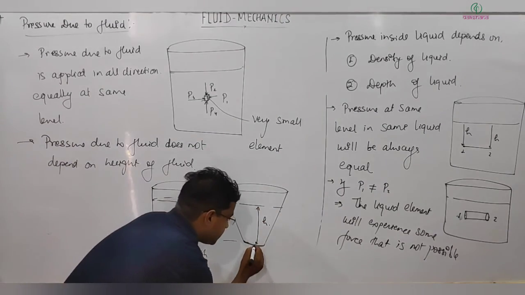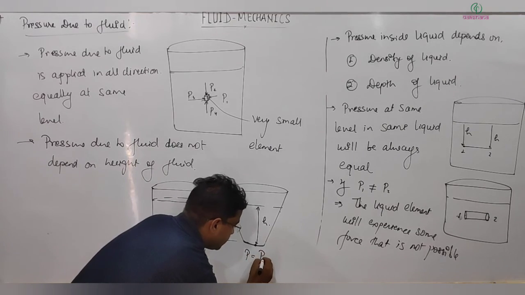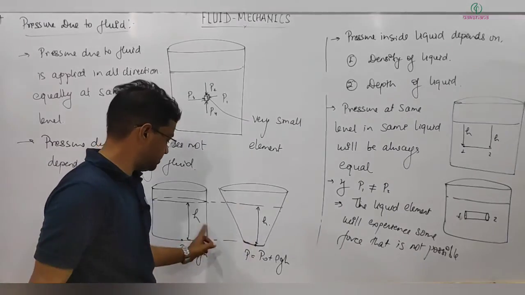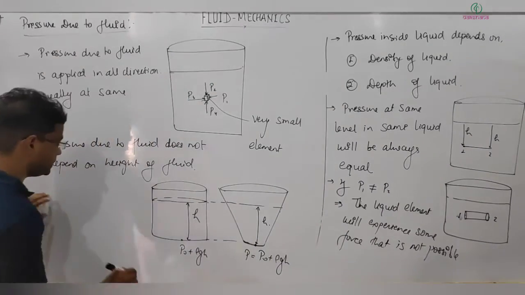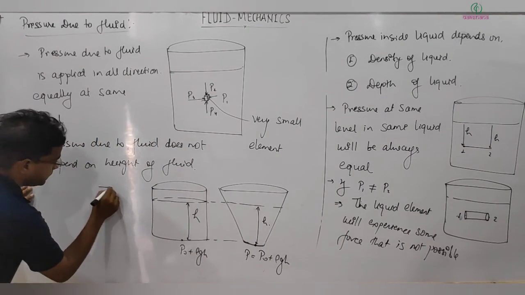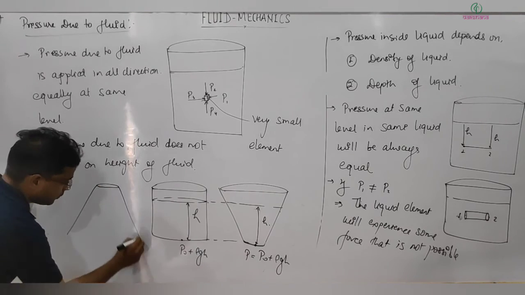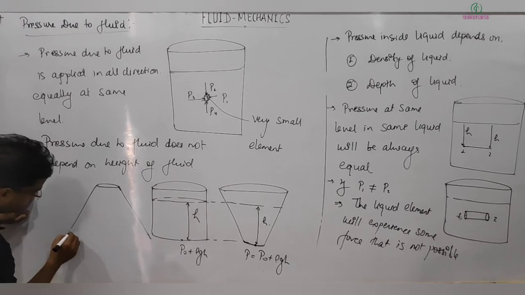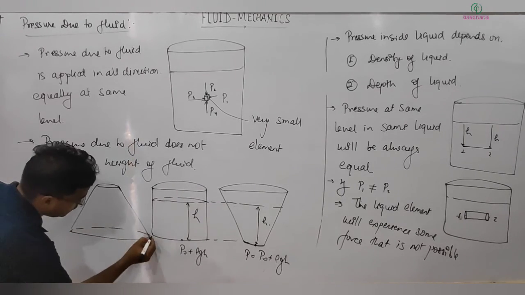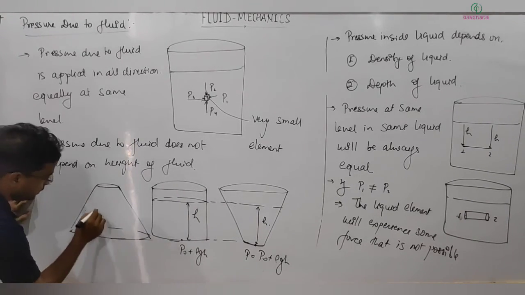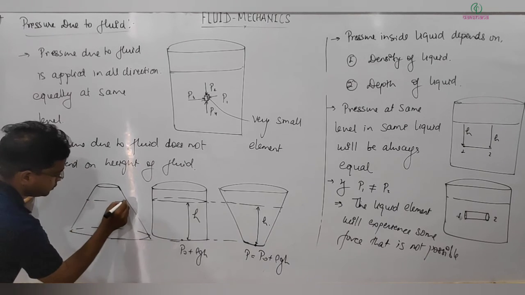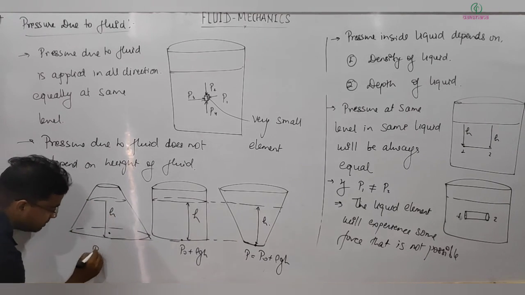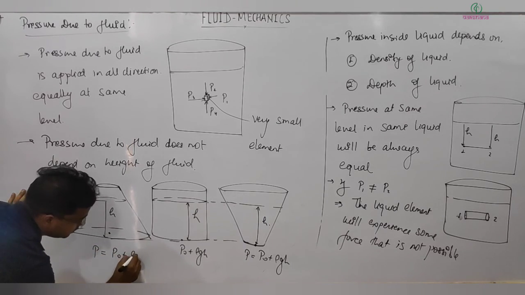So pressure at this point will still be P equal to P naught plus rho g h, if the same liquid, same density, is filled. Another case, again consider it's at same level and fluid is filled up to here, same level. So this is also H, then pressure at this point will also be equal to P naught plus rho g h.